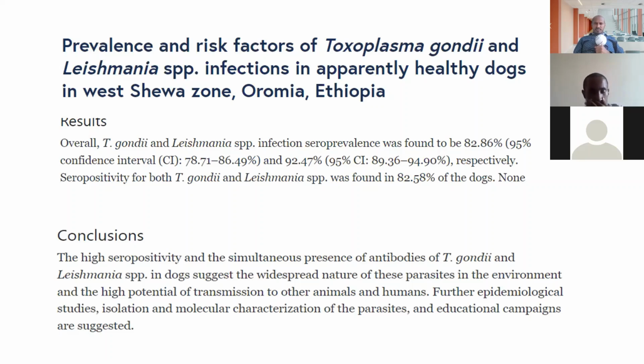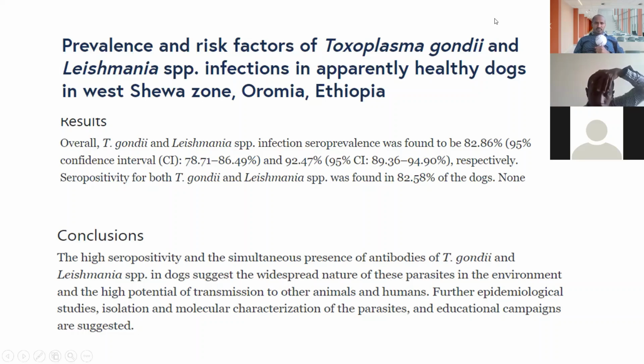If we look at the prevalence of leishmania infection in Ethiopia, it is almost 92%. That is also a seroprevalence study, which was conducted in West Shoa zone. So leishmania is also present in Ethiopia with high endemicity. I hope you all know leishmania, that is called Kala-azar.